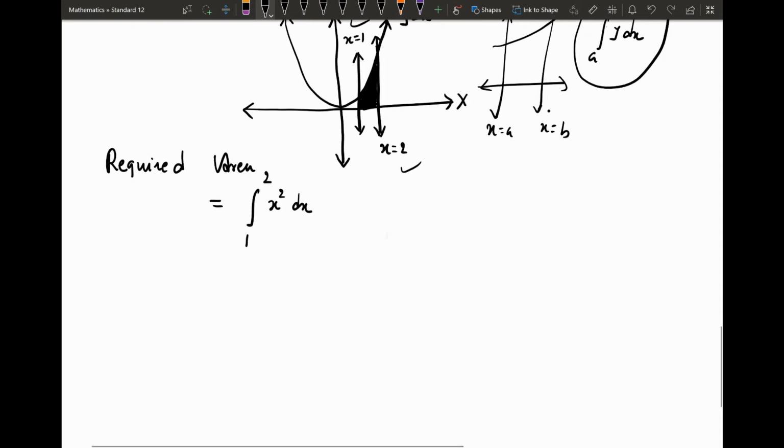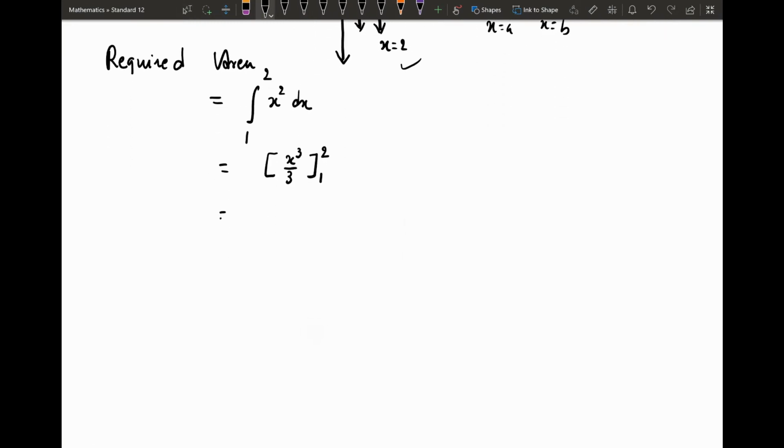So this is x cube by 3, from 1 to 2. First put the upper limit x equal to 2, so 8 by 3, minus put the lower limit, 1 by 3, square unit.